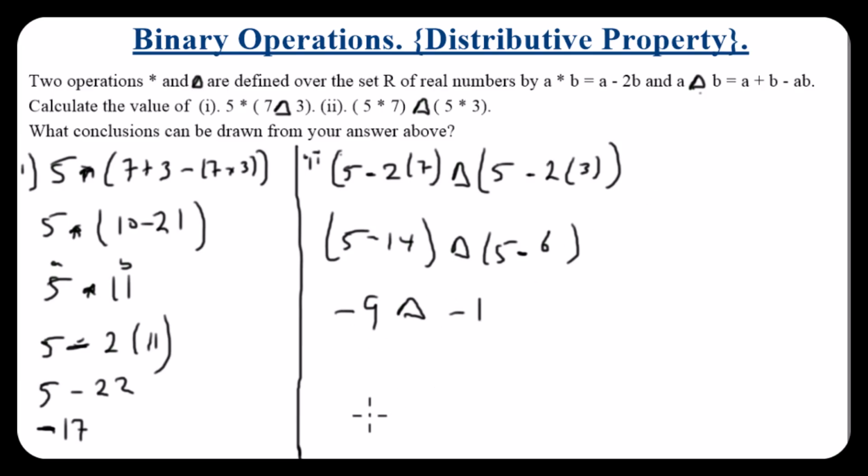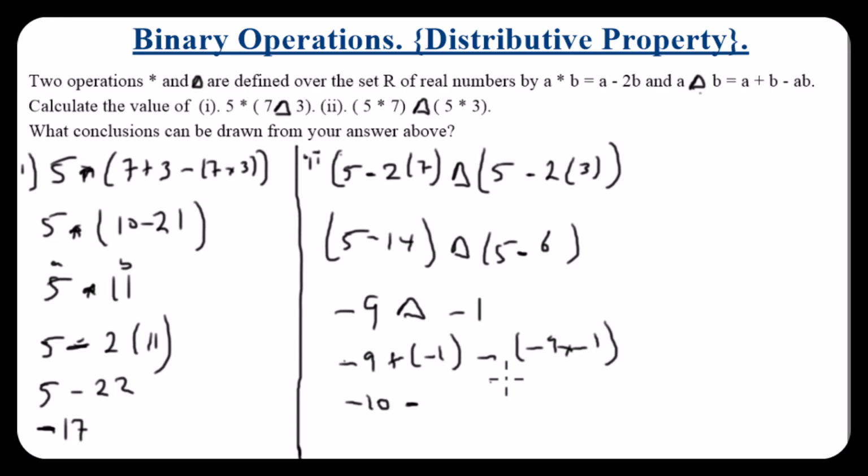So minus 9, plus minus 1, which negates the sign, but let's still move on. Then minus again, minus 9 times minus 1. Minus 9 plus minus 1 is simply minus 9 minus 1. So this is minus 10.